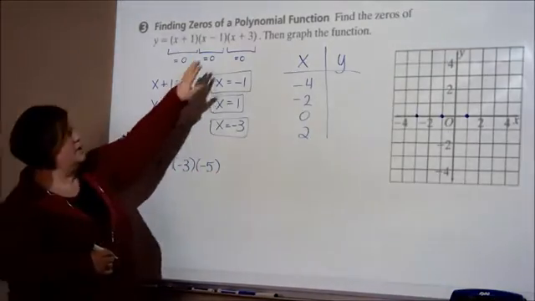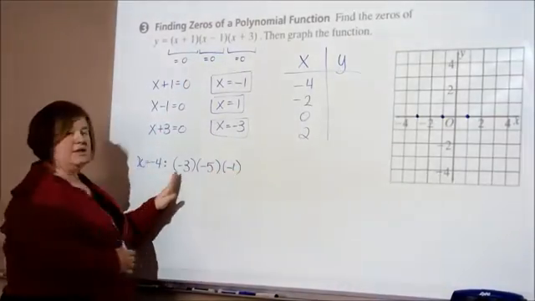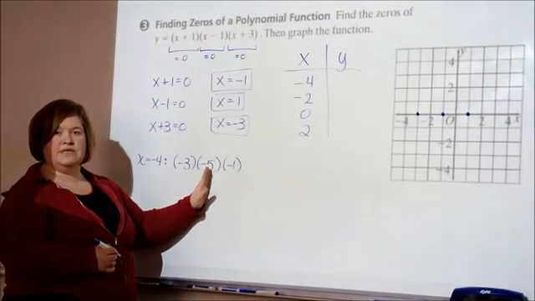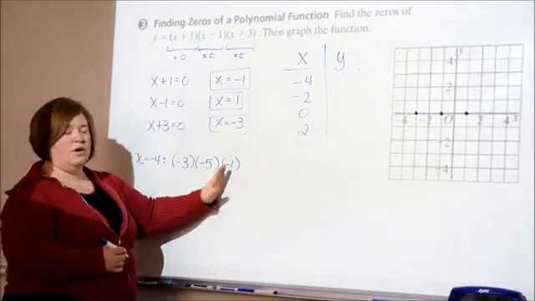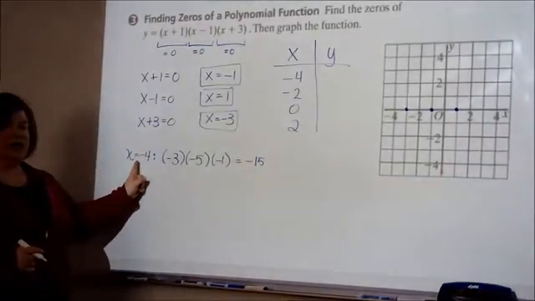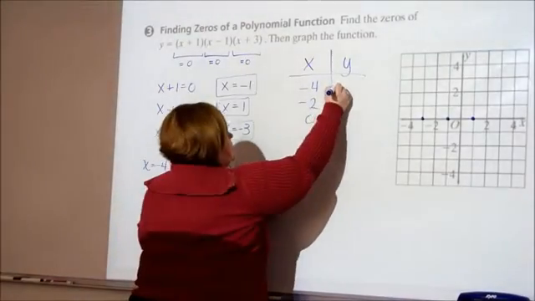And -4 plus 3 is -1. Now I just have to multiply all these things together. -3 times -5 is 15, times -1 is -15. So when I put -4 in, I got out -15.